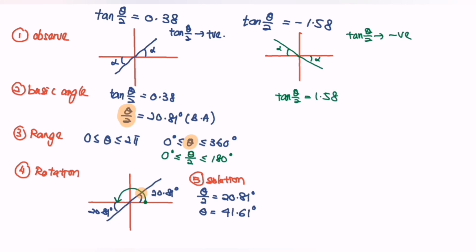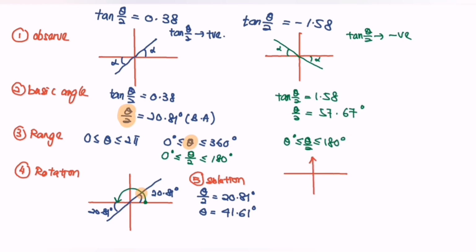So from here, from the basic angle, theta over 2 is equals to 57.67. Step number 3, refer to the range. So for this question, it will be the same, meaning that from 0 until 180 degree.